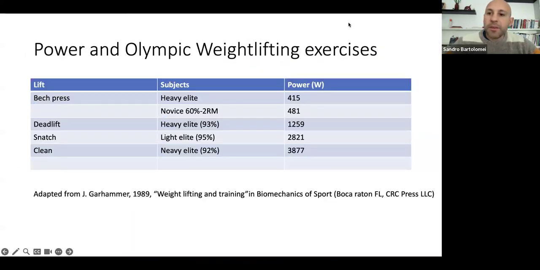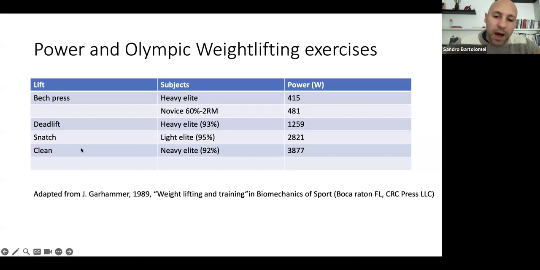So if you consider the power produced in the different exercises, including Olympic weightlifting exercises, you can see the difference in the power. For example, in deadlift, a heavy elite athlete lifting 93% of his 1 RM may produce 1200 watts of power, while a light elite individual, so the load is pretty lower compared to the previous athlete, lifting in snatch 95% of 1 RM, may produce 2800 watts, so more than twice.